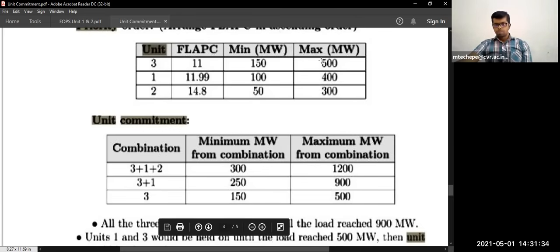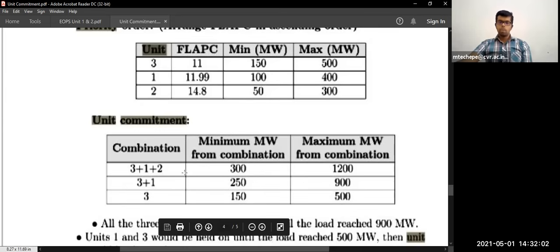Here also, 500 alone you can manage, 400 alone we can manage, even 300 alone you can manage with this 500 megawatt. So whatever the combination you give, that minimum and maximum megawatt generation has to be combined with this minimum and maximum combination.